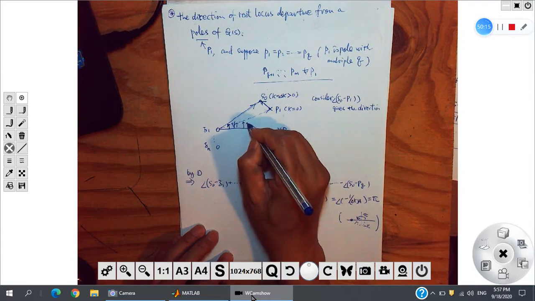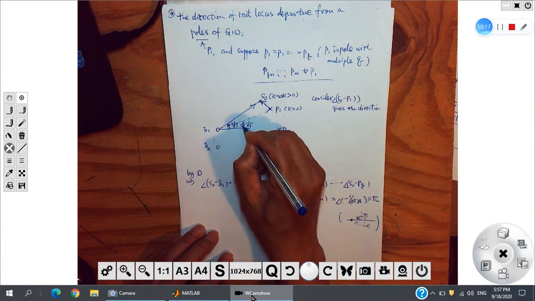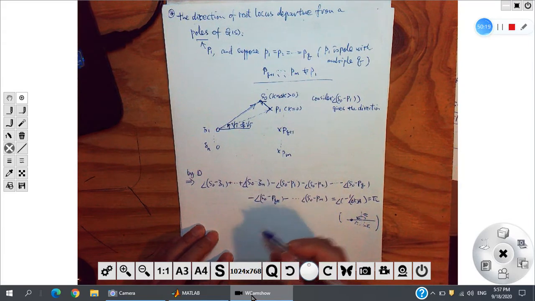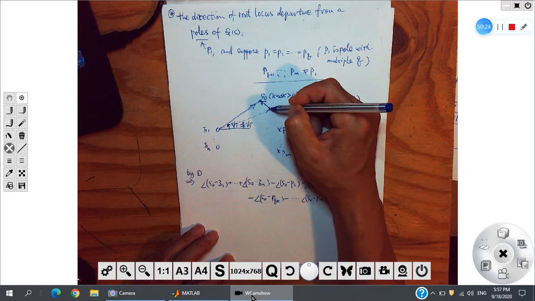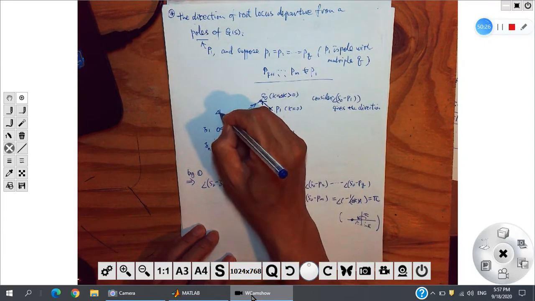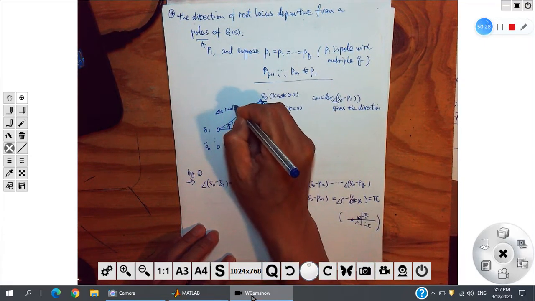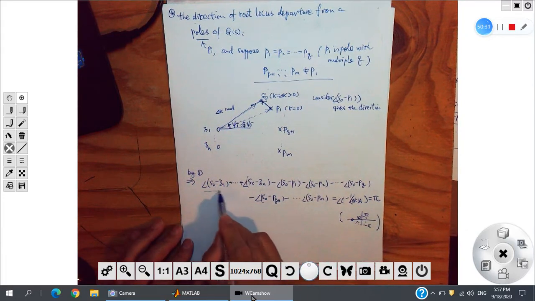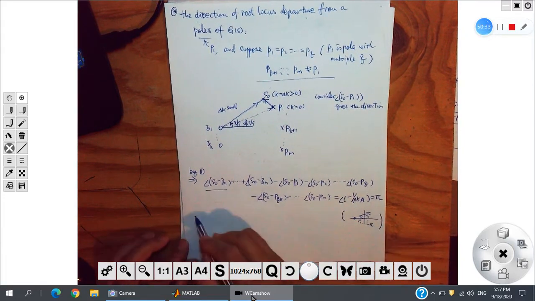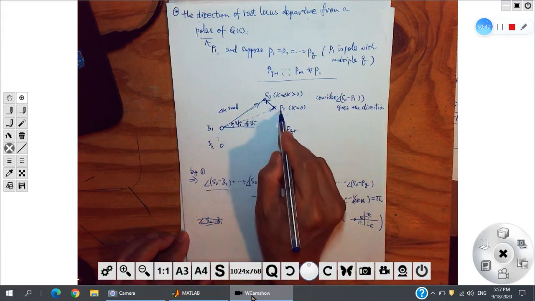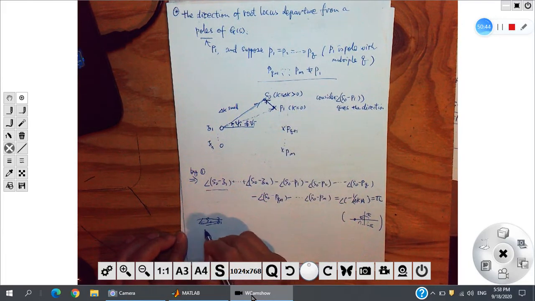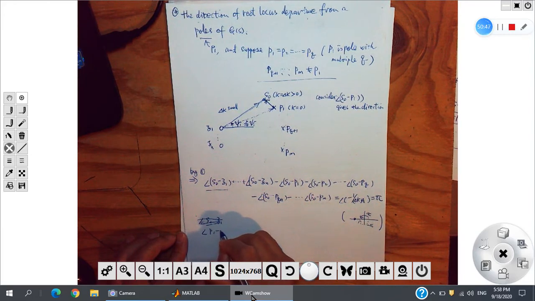We think they are very close, because delta K is a small number, a small distance. So S0 I can replace by P1, so this is the angle P1 minus Z1.